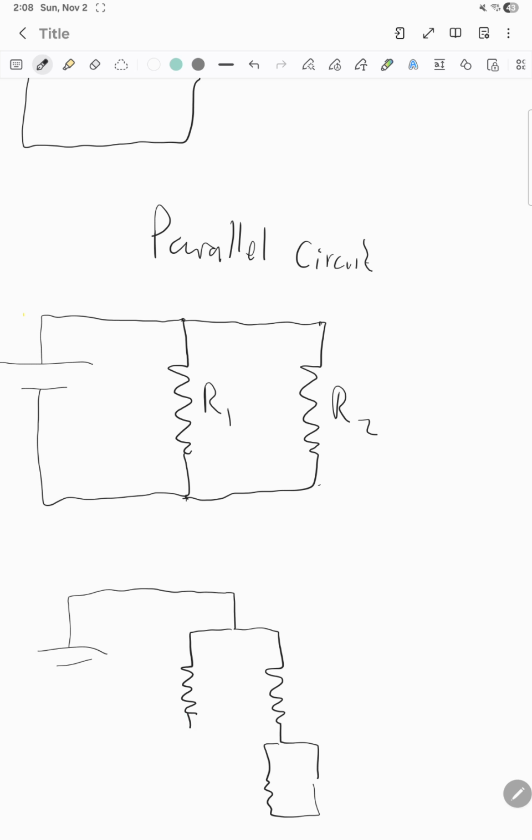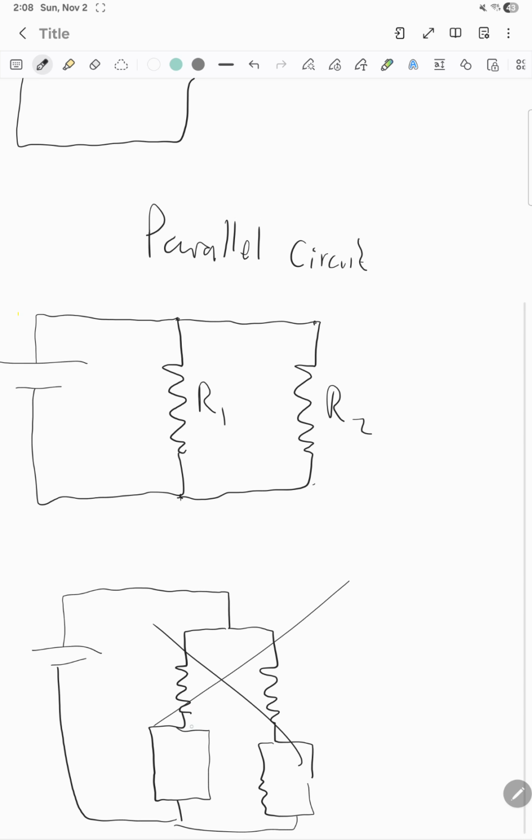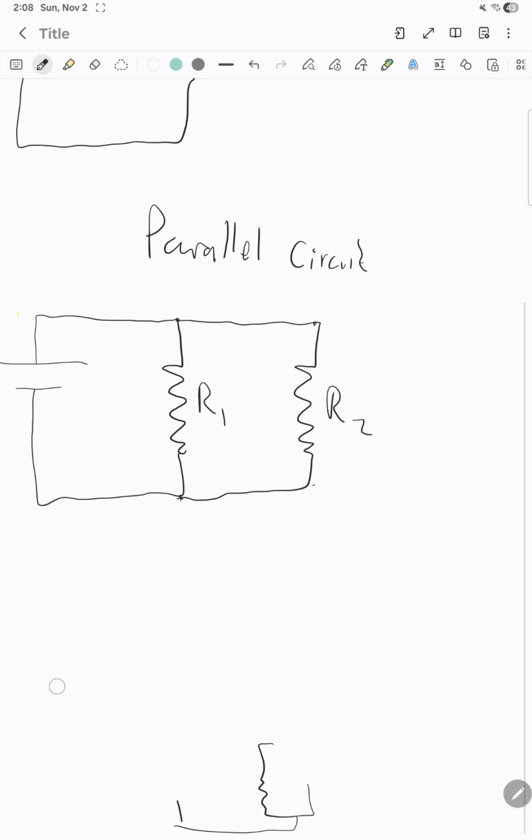Let's say you have something like this. This is not parallel because they're not connected at the same endpoint. So you do want it to be connected at the same endpoint.